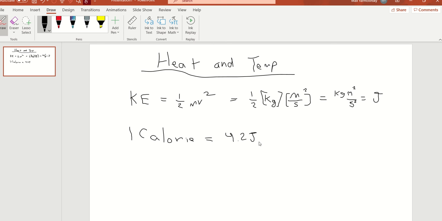Or maybe it's 4.1 joules, it doesn't matter really. When you look on your food package, you usually see kilocalories, in your cereal box or whatever. 1 calorie there is usually a kilocalorie, which means 4,200 joules of energy.